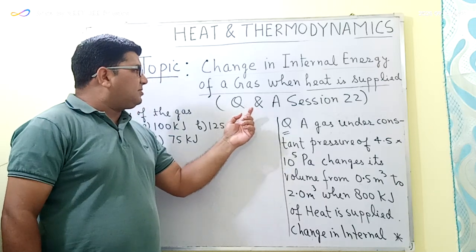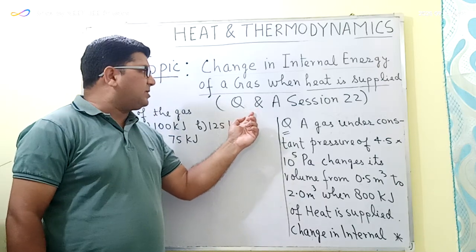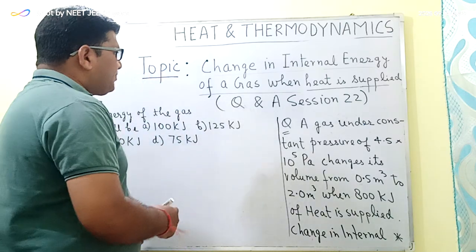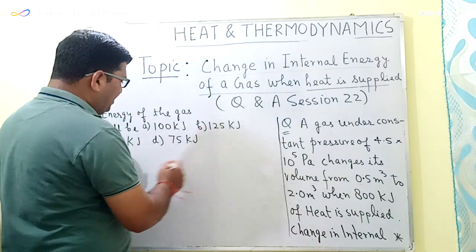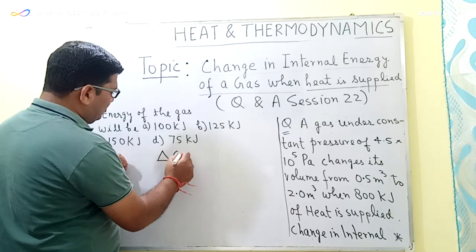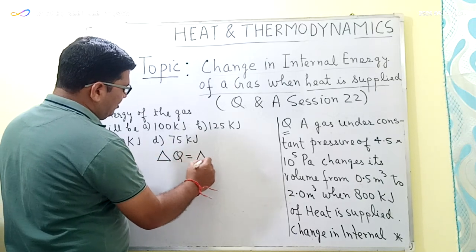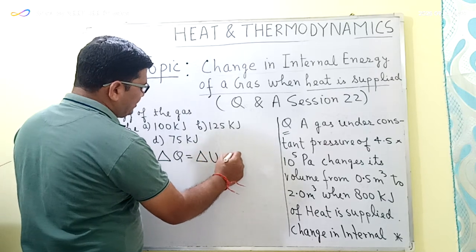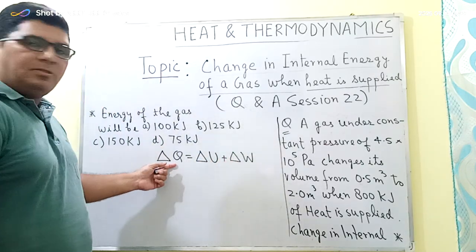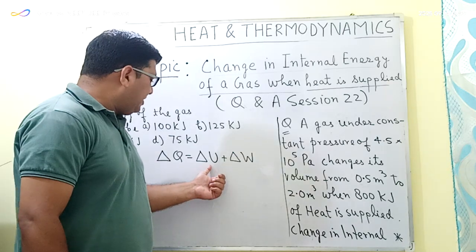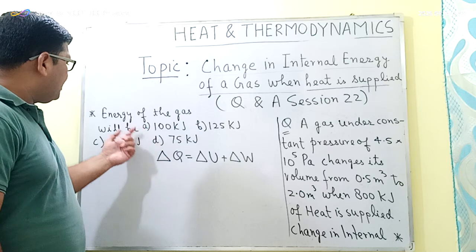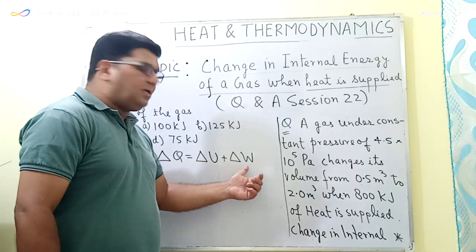This session is based on the previous session, in which we studied the first law of thermodynamics. As per the first law of thermodynamics, delta Q is equal to delta U plus delta W. Now delta Q is the amount of heat supplied, delta U is the change in the internal energy of that substance, and delta W is the work done.